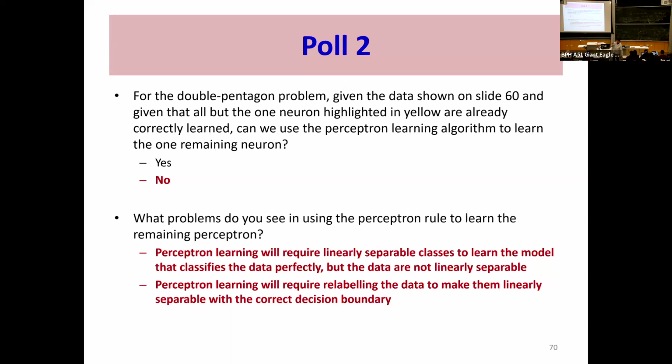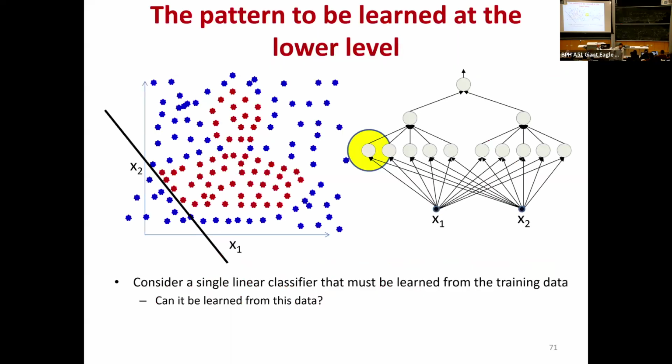And so if you really want to learn the perceptron rule, here's what you're going to have to do. You're going to have to begin relabeling some of the instances and then learn the boundary. And you don't know which instances to relabel. So you know that perfect classification is possible, and you'd relabel the data instances in every possible way and try to learn a decision boundary until you find a relabeling that gives you perfect classification for the entire training data.